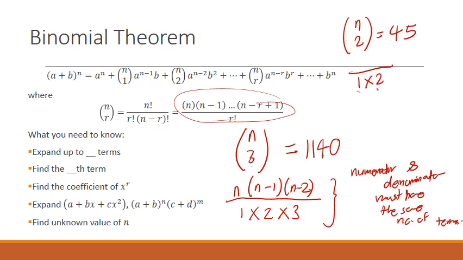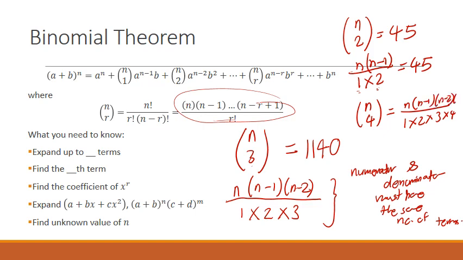So I have 2 terms over here: I start with n, go down the series, I have n minus 1, and I'll stop there, equals 45. Same thing, if I have n choose 4, then I will have 1 times 2 times 3 times 4 in the denominator, and n, (n minus 1), (n minus 2), (n minus 3) in the numerator. These are quite straightforward.